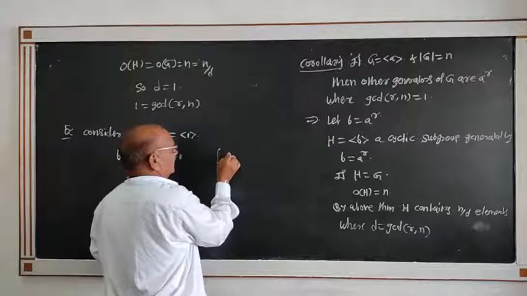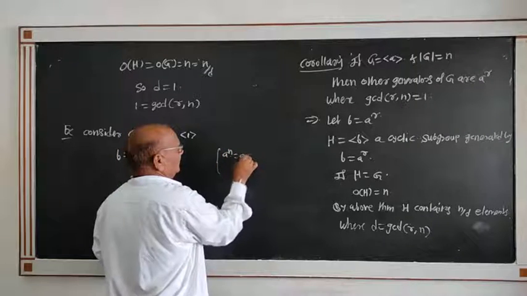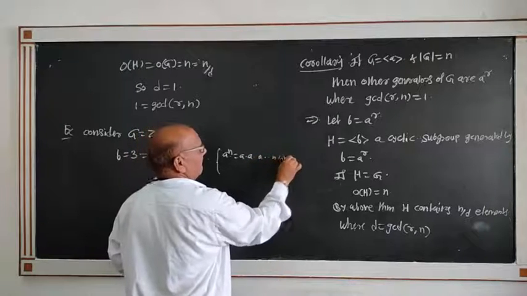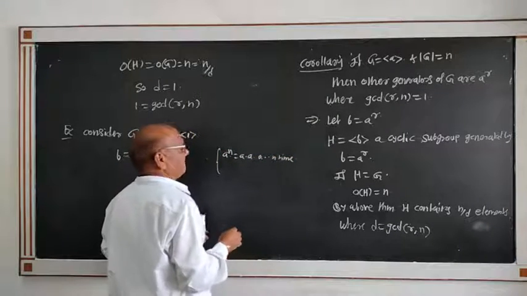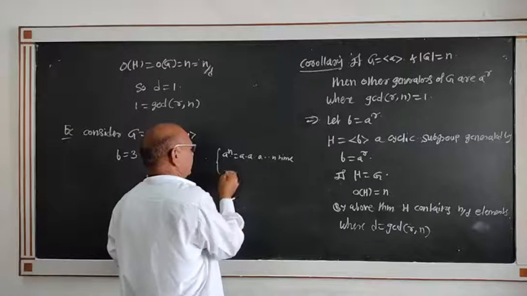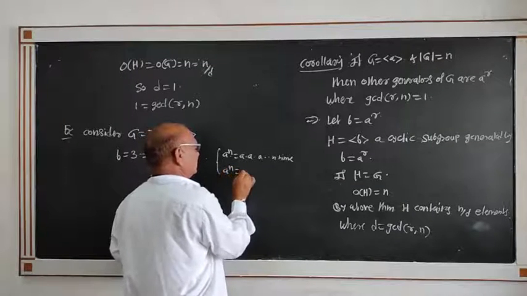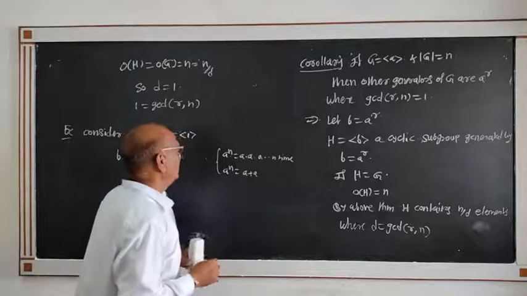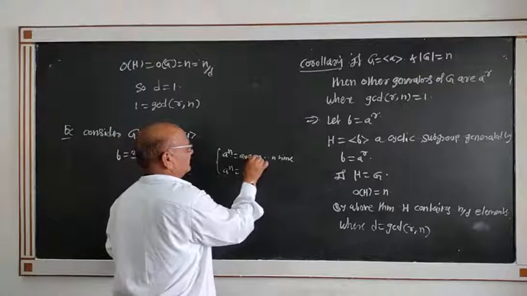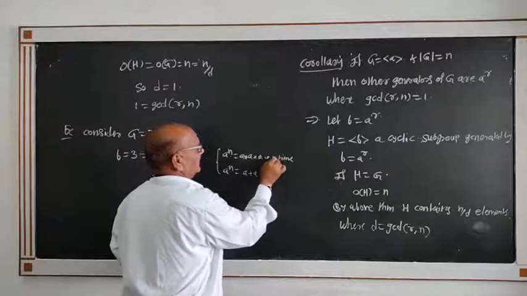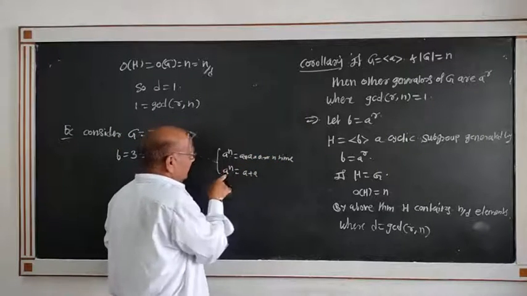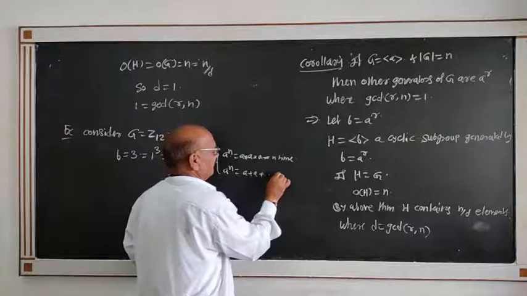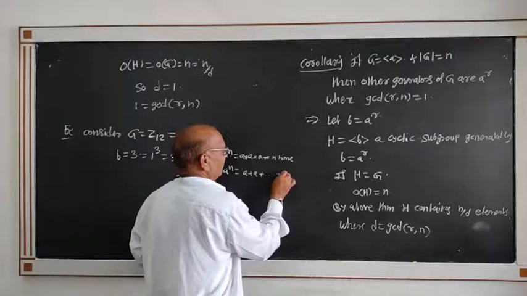Here A raised to n is equal to A into A into A, n times. With operation A star, A star, A star, like this. A raised to n is equal to A plus A plus, that means if the operation is addition, n times.